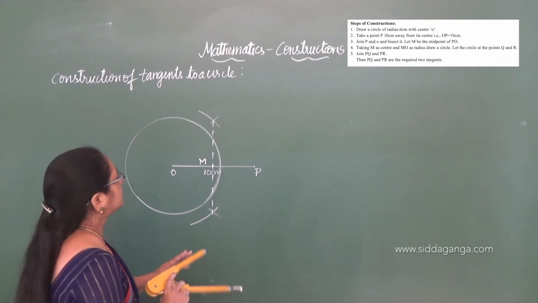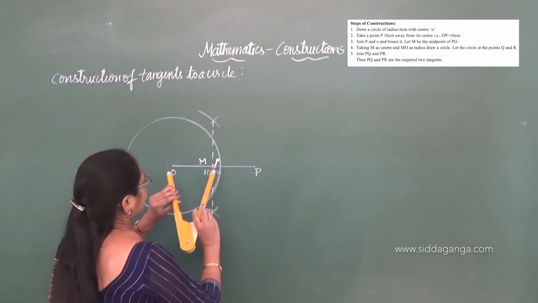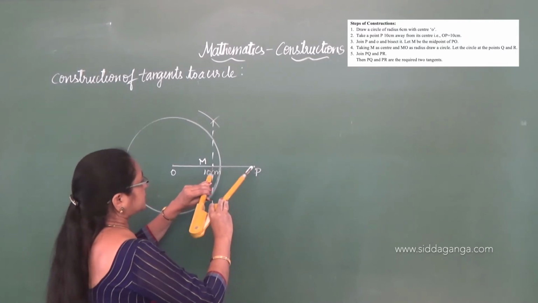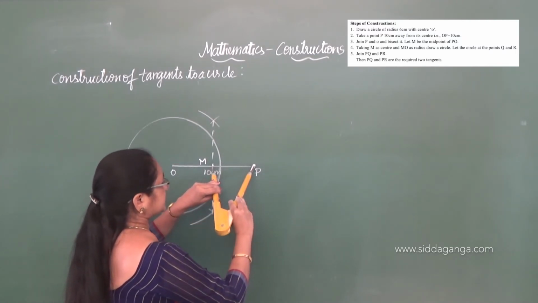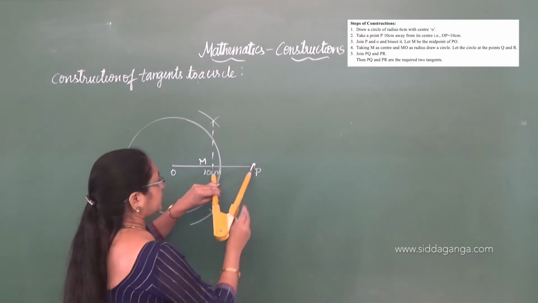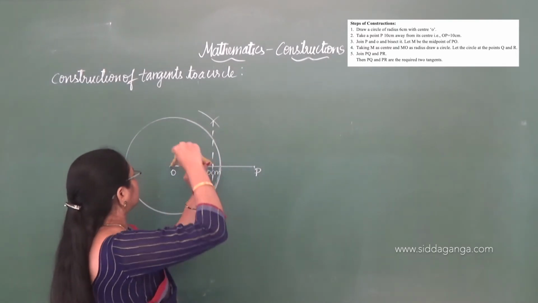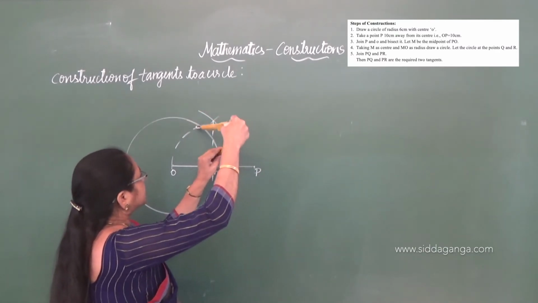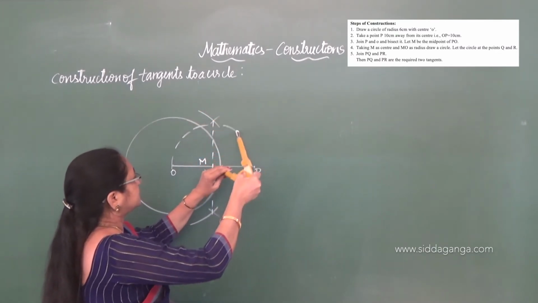Now fourth step: from M, keep M as a center and MP as a radius. I am going to draw another circle which cuts this circle here.